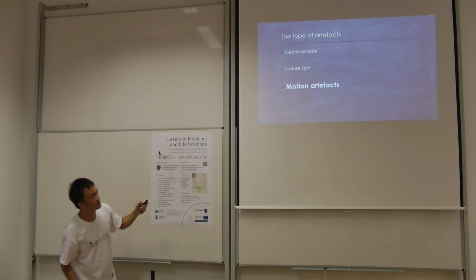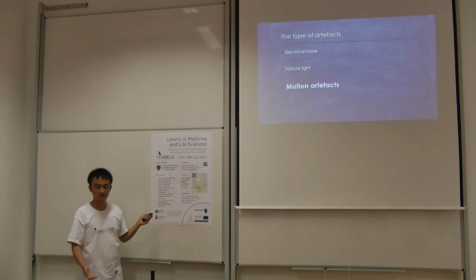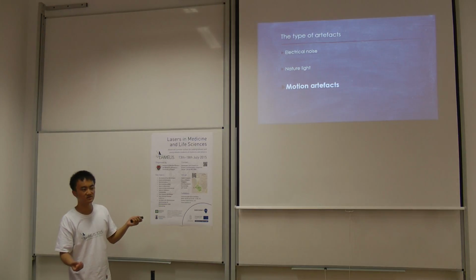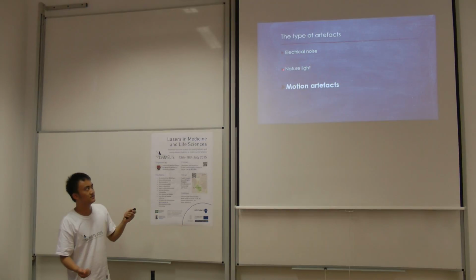So there are mainly three types of artifacts. The first is electrical noise. For example, if we use a hardware filter, then there must be some noise.